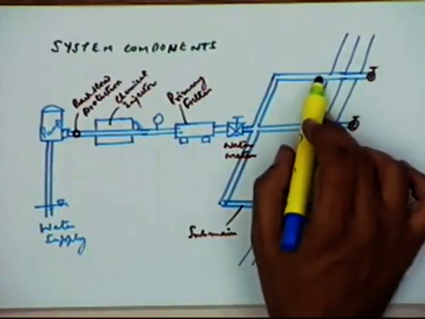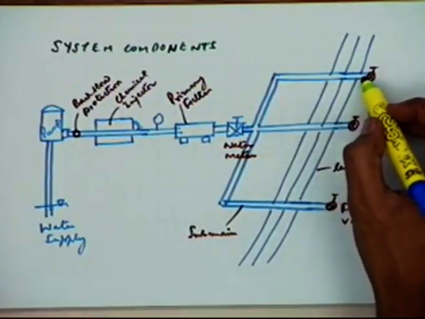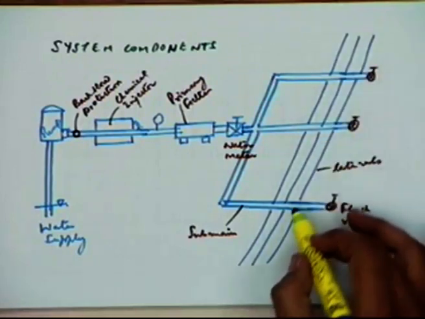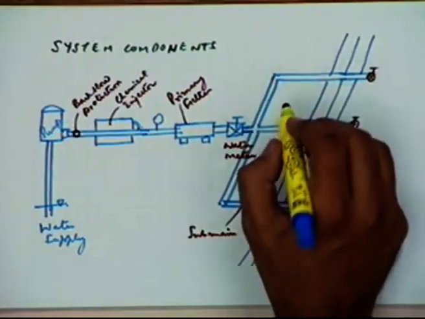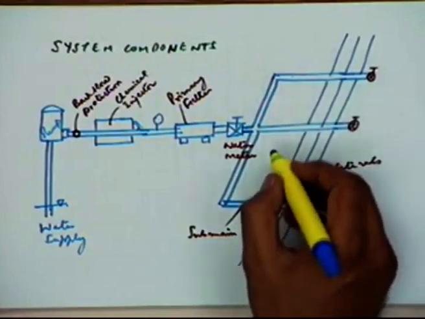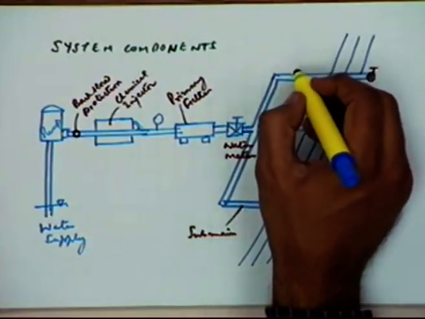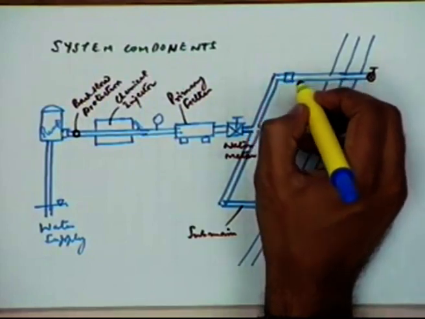Now before you tap these submains with the laterals, you will have some additional gadgets on each of these submains, which can include a secondary filter.